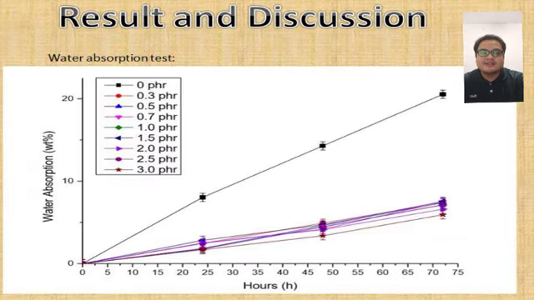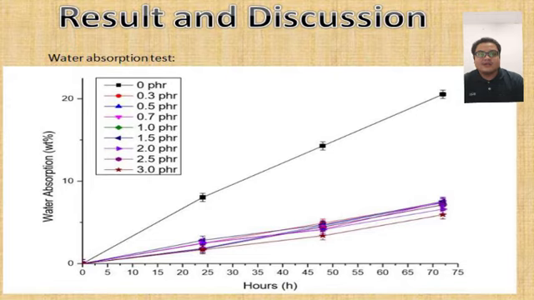For water absorption test, we can observe that the absorption percentage is the highest when no silicon dioxide added to polyurethane, which is about 20% absorption.